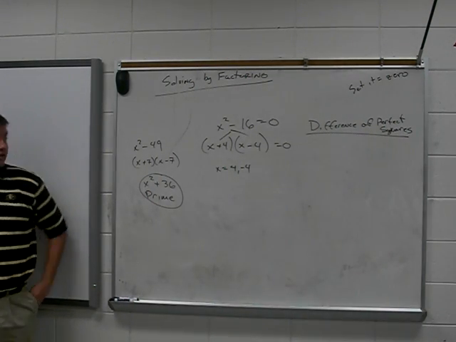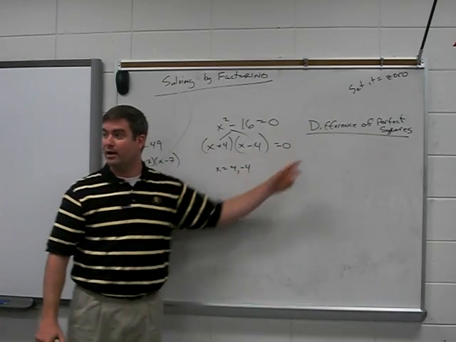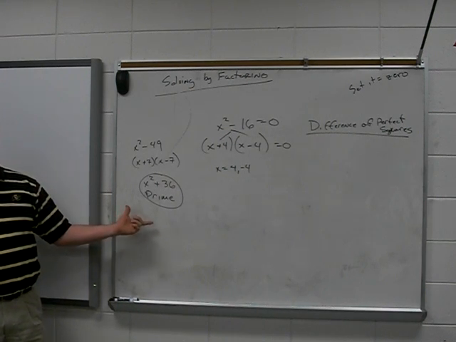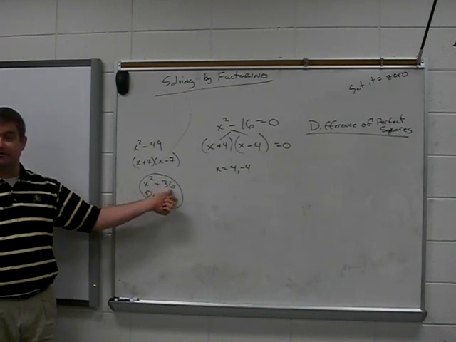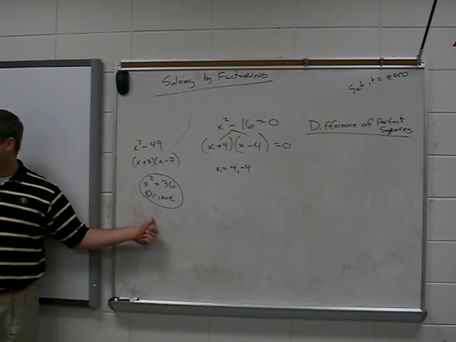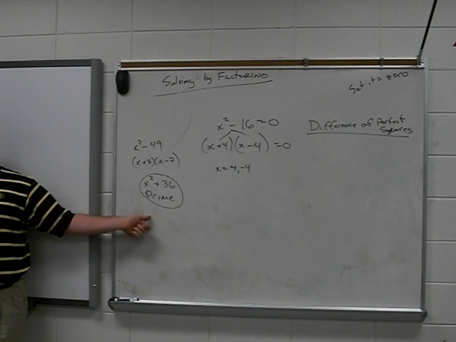Not the difference. Because the rule is the difference of perfect squares. Write it in your notes so that you remember. If it's a plus, you got a perfect square plus a perfect square, it's prime. It does not factor. x squared plus 36 is prime. It does not factor.